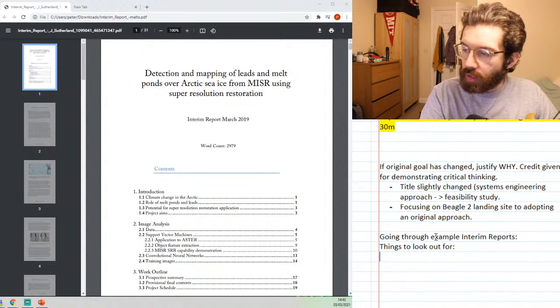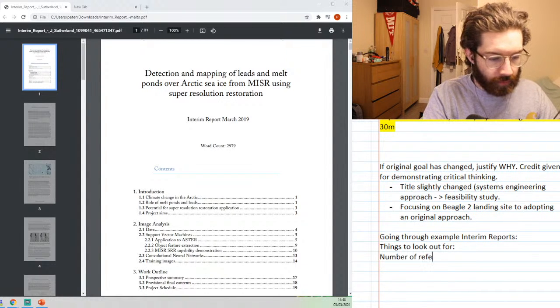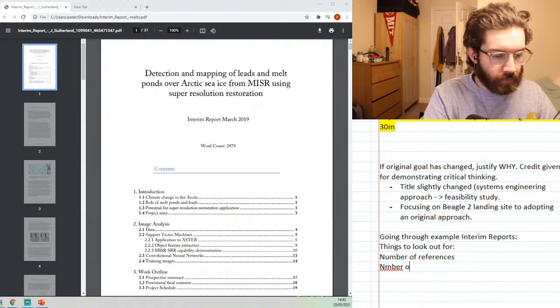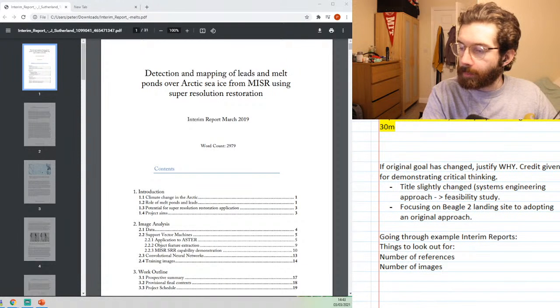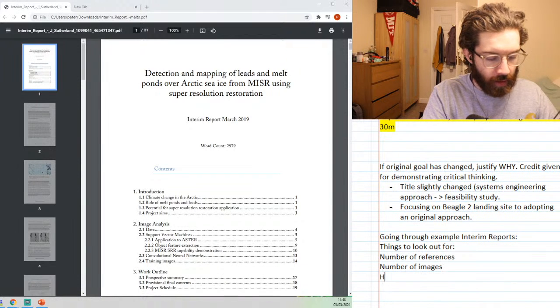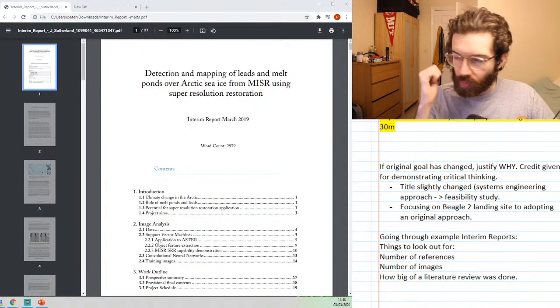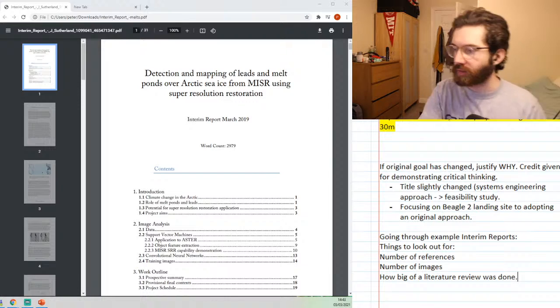Things I'm interested in are number of references, number of images, and I want to see how big of a literature review was done. That's all I really want to know. What's actually in the content, not too big for me, so let's have a look.